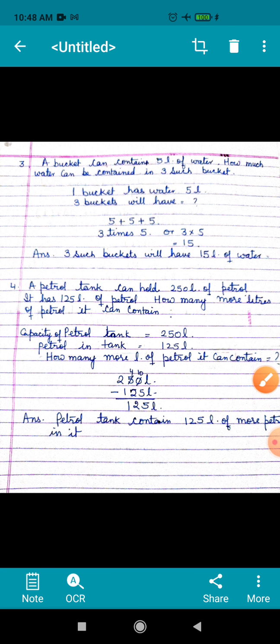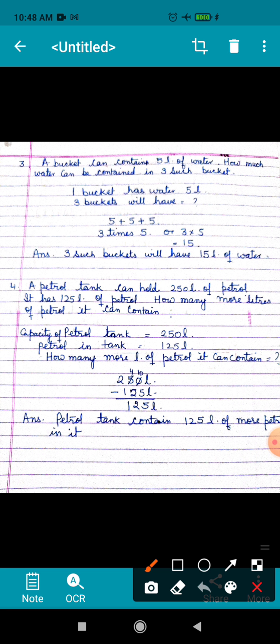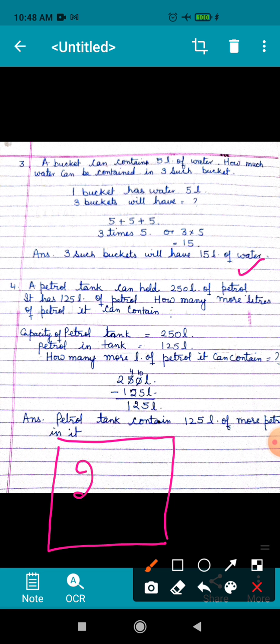Right? Now, next question. A petrol tank can hold 250 liter of petrol. Children, this is a petrol tank and its capacity is 250 liter. It has 125 liter of petrol.